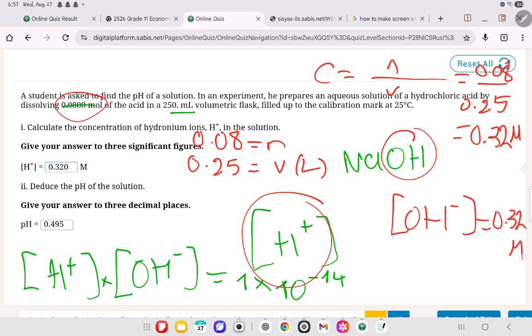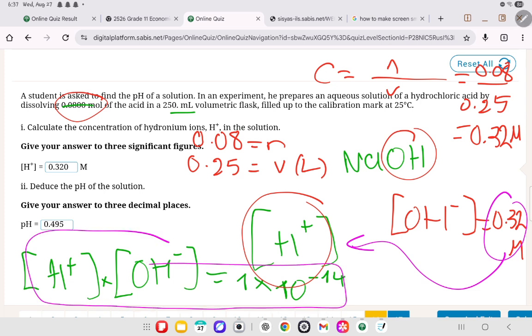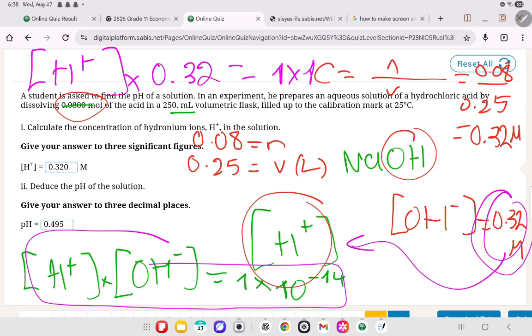Okay, what if they asked you to find the concentration of H plus, knowing that you have the concentration of OH minus? In this case, you're going to apply this equation over here. Concentration of H plus, which we need to find, times the concentration of OH minus, which is 0.32, is equal to 1 times 10 to the power of minus 14.